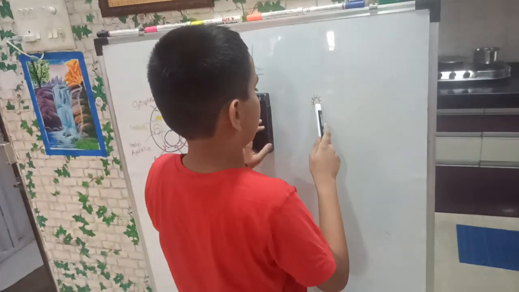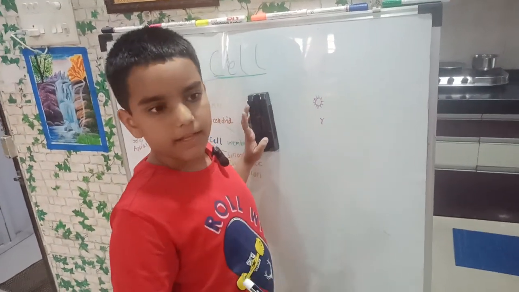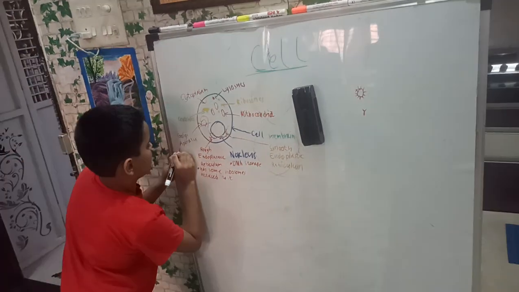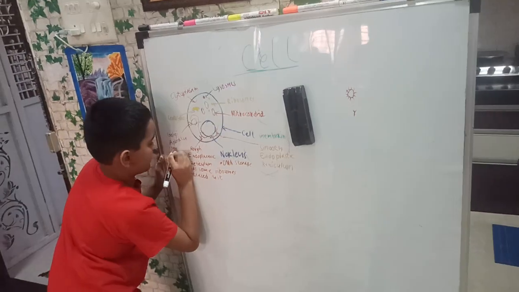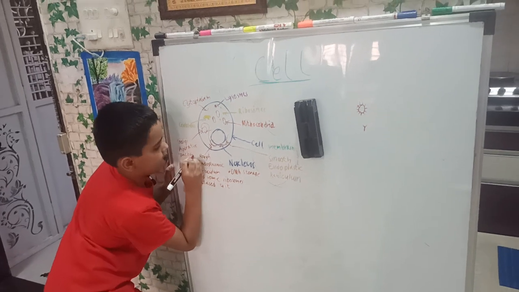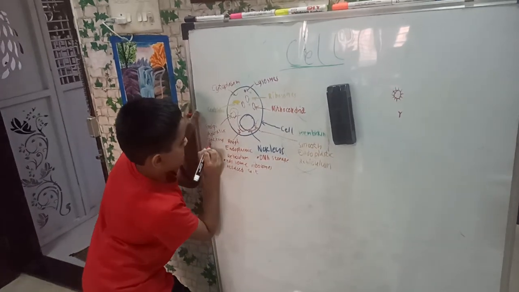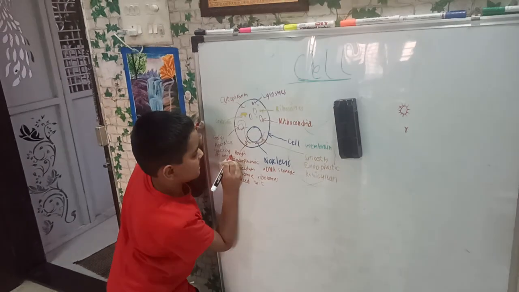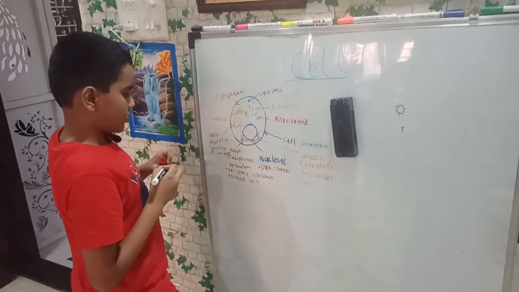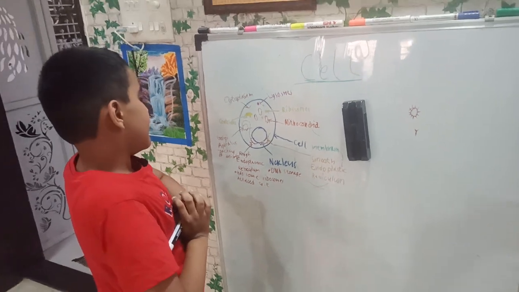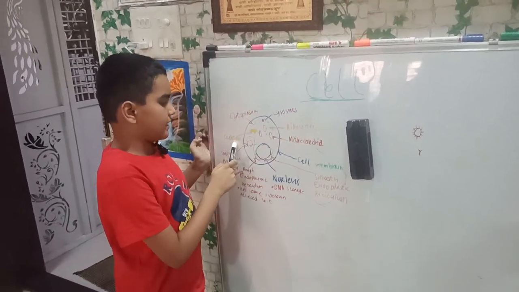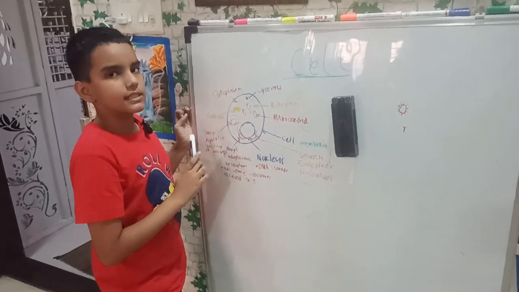And then, so this is the use of Golgi apparatus: packaging of antibodies. Okay, and next is centrioles.